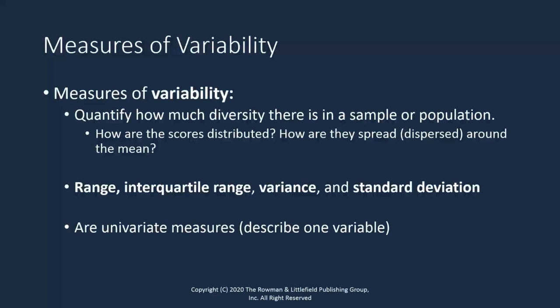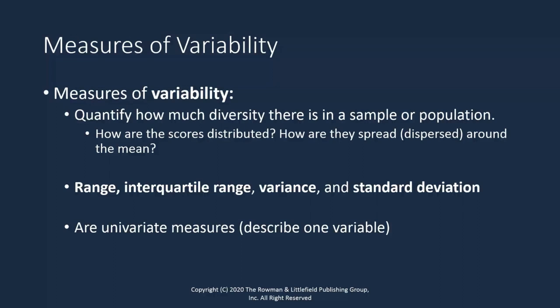And we're going to cover several measures of variability. Again, this is the Stata-specific tutorial, so we're going to learn how to, in Stata, find the range, the interquartile range, the variance, and standard deviation. Again, this is assuming you've already read the chapter and understand what these things are. These things will tell us how much diversity there is on a particular variable in the sample or population.